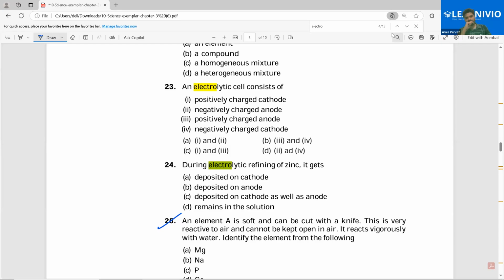Option B. Electrolytic cell consists of positively charged anode, negatively charged cathode. So third and fourth, B. This one, 24. Option A. Zinc will be deposited at the cathode. Good.